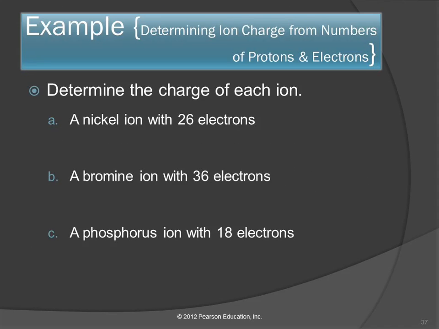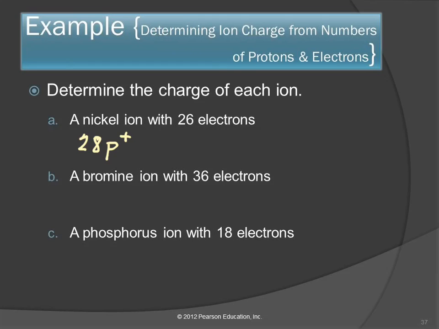So determine the charge of each ion. A nickel ion with 26 electrons. We need the periodic table for this. So we look at nickel on the periodic table to find how many protons nickel has. 28. The number of protons doesn't change. So this has 28 protons. Sometimes we do those P plus.